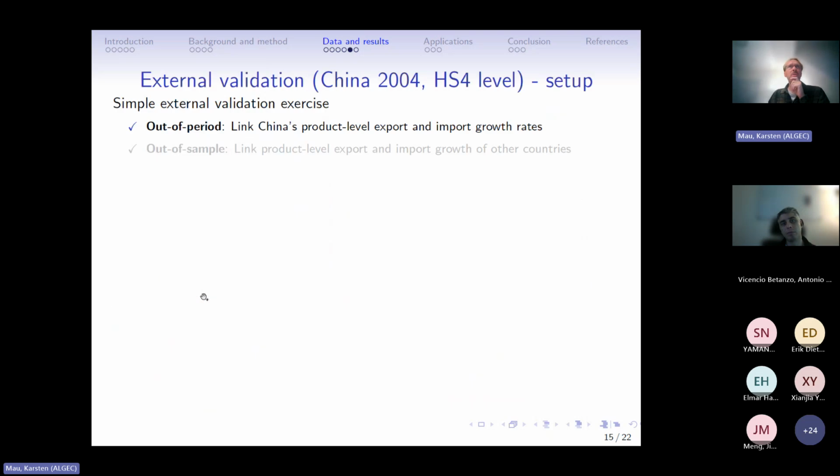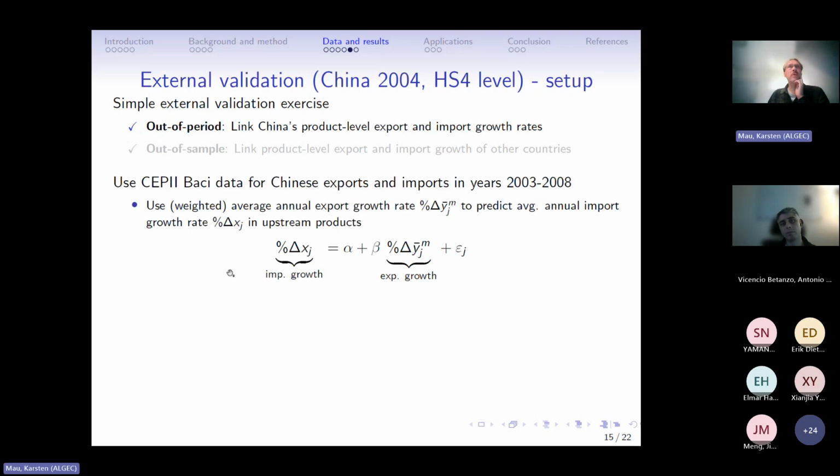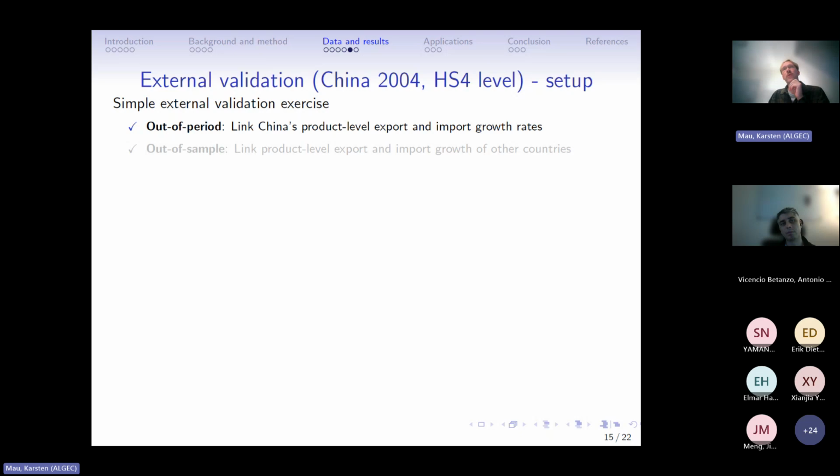Let me use the remaining time to talk a little bit about the applications that we have. Basically, what we want to know now with our very granular mapping is whether we can actually use it also for supply chain analysis or cross-border supply chain analysis.